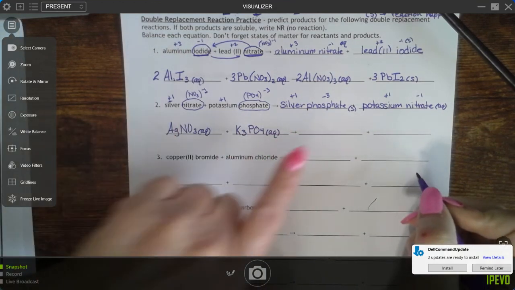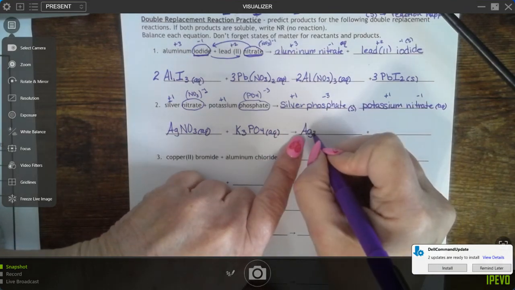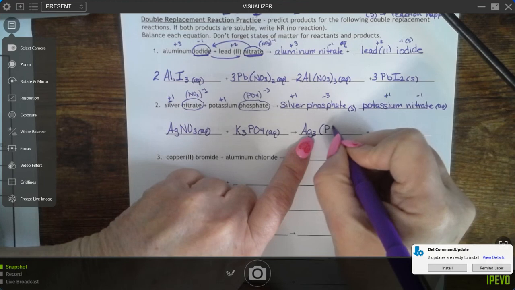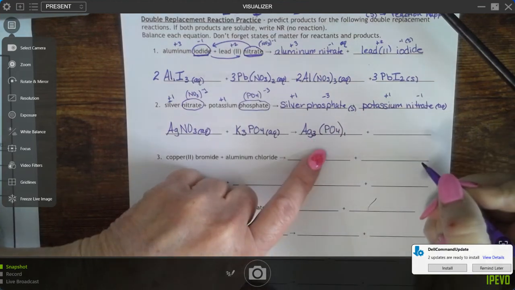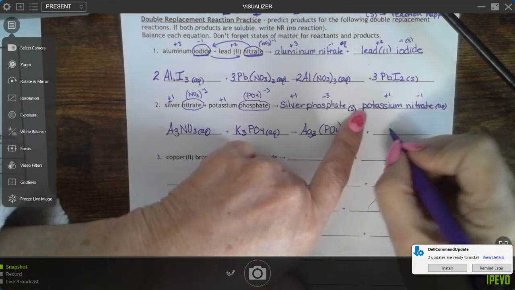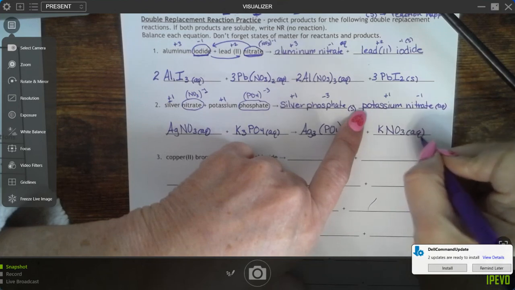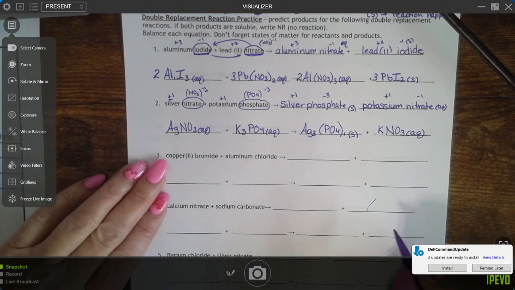All right. And then we end up with silver, Ag3PO4, and that is a solid. And then our last product is potassium nitrate, KNO3, aqueous.